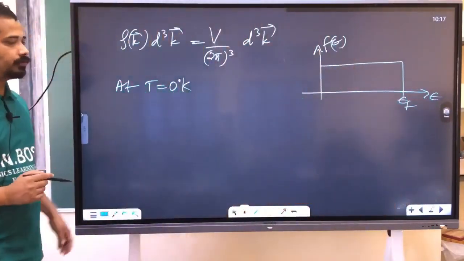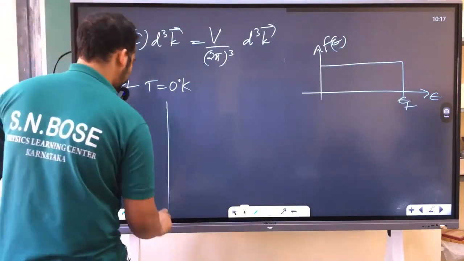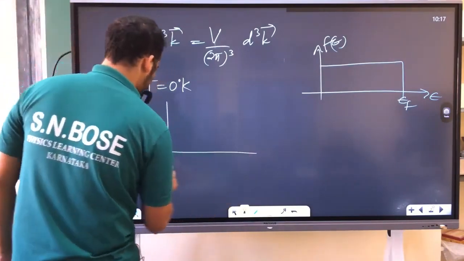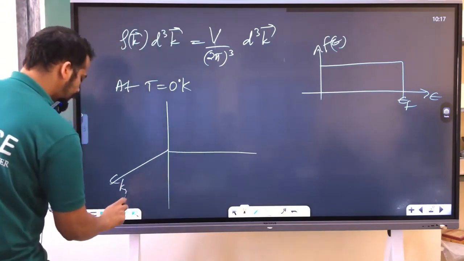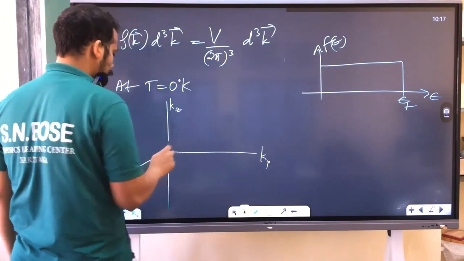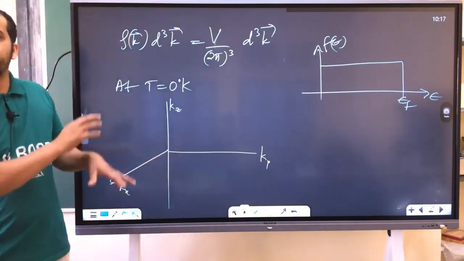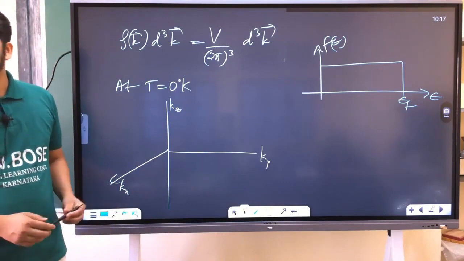Now what we have to do is think in K space. In K space, this is Kx, Ky, Kz. In K space, all levels within one Fermi sphere are completely filled. Got my point?